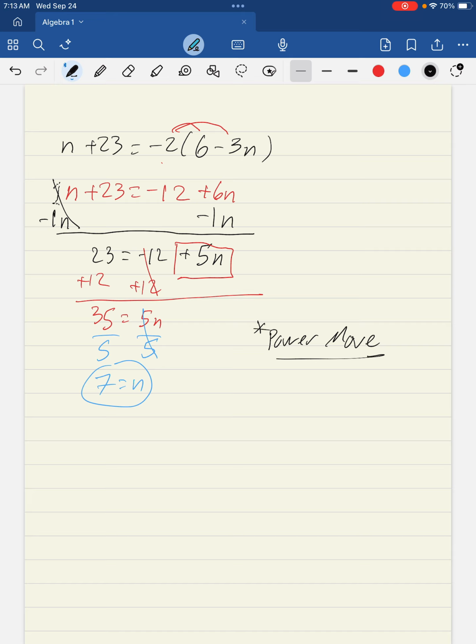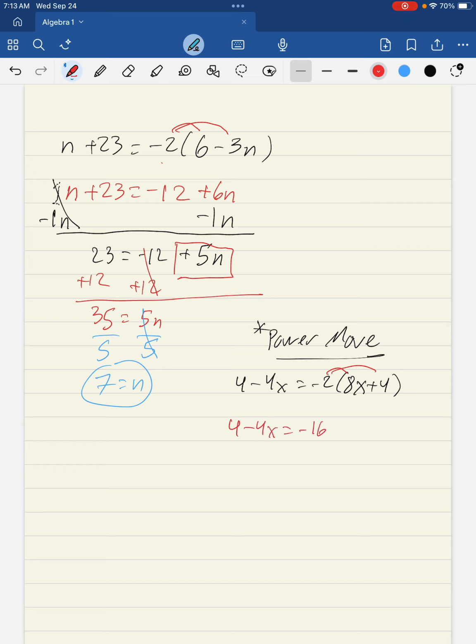Because what we can do, if we go 4 minus 4x equals negative 2 times (8x plus 4), we're going to solve this the same way as normal, which is distribute the outside negative 2. So I go 4 minus 4x equals, let's see, distribute this guy.